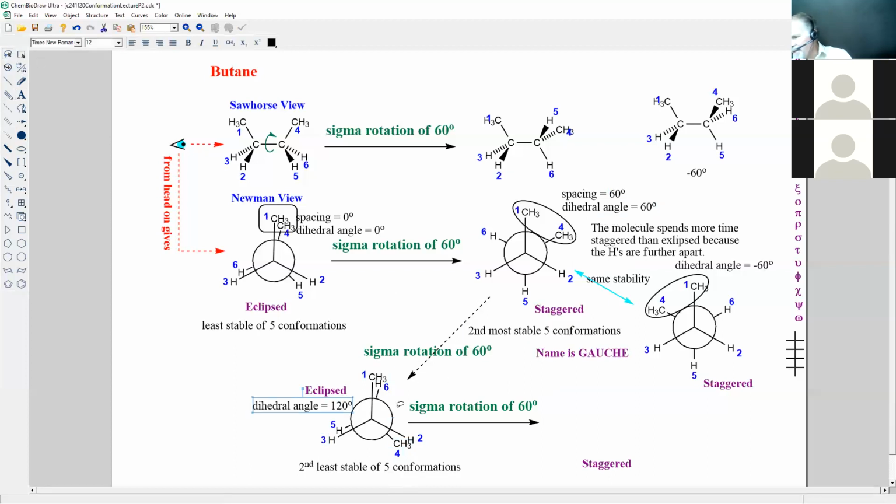Let's rotate this 60 more. It's hard. We'll get through it. Okay, another staggered. Oh, wrong. I copied the wrong one. We're going to go to something like this or this. Yeah, this is a lot easier when I use toys. I grabbed a lot of extra stuff.